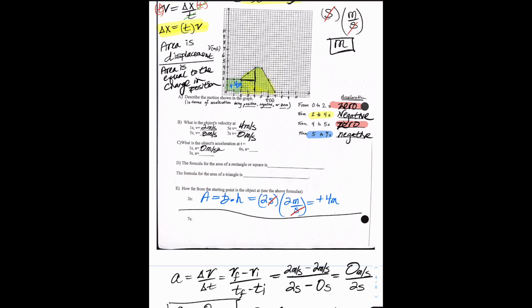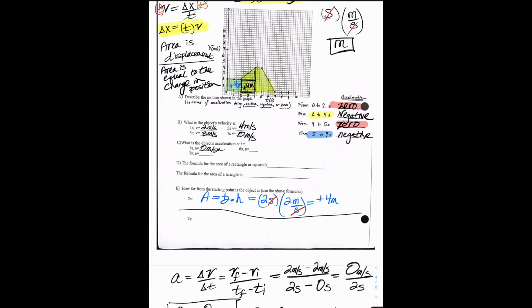So the area of this square is positive 4 meters. You can show your work for that, but it's the same calculation we had before. The base is 2 seconds and the height is 2 meters per second. Why is the base 2 seconds? Because it's 4 minus 2, right? And so that's the area of that.